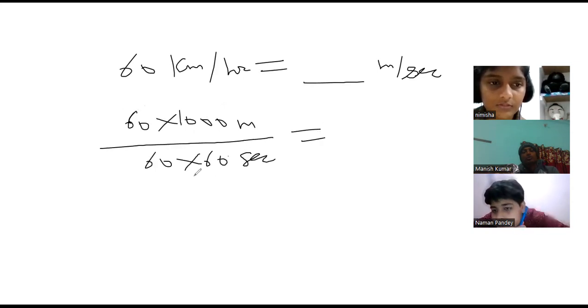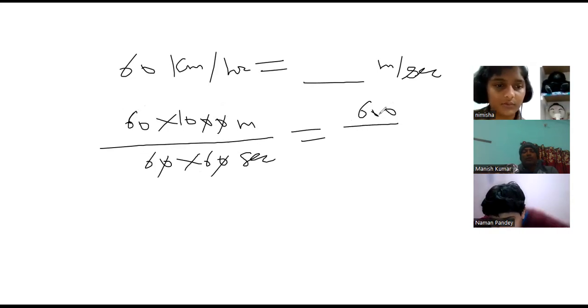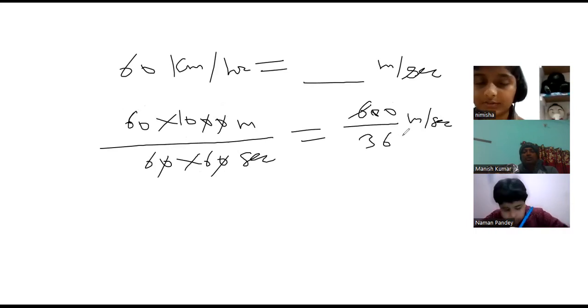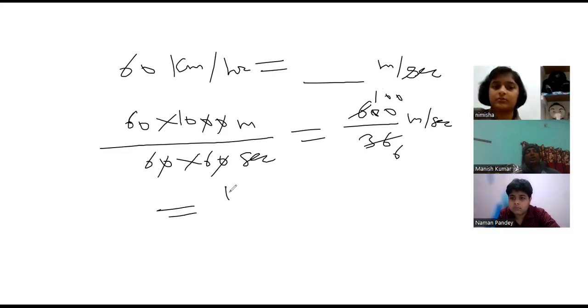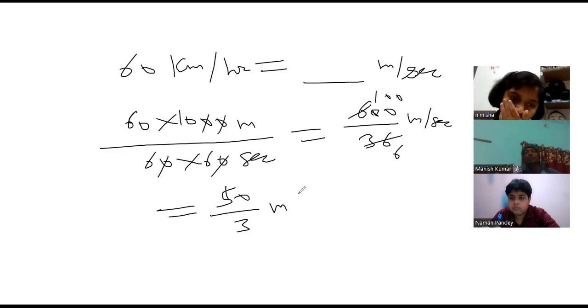Two zeros will cancel out. Now 60 into 10 is 600 divided by 6 into 6, 36, is 36 meter per second. 6 sixes are 36, means 100 by 6, or you can write it as 2 into 50 is 100 and 2 threes are 6 meter per second.